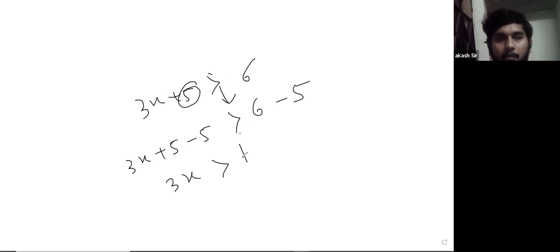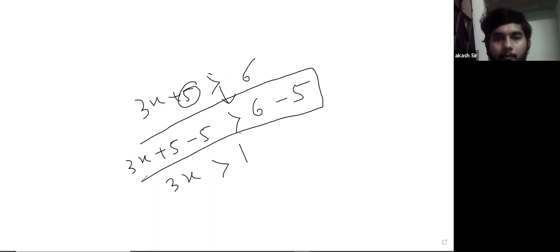Did everyone get this step? What I did here? Yes, sir. Okay. Now, if I have to find out the value of x, then I have to divide by 3 on both sides.